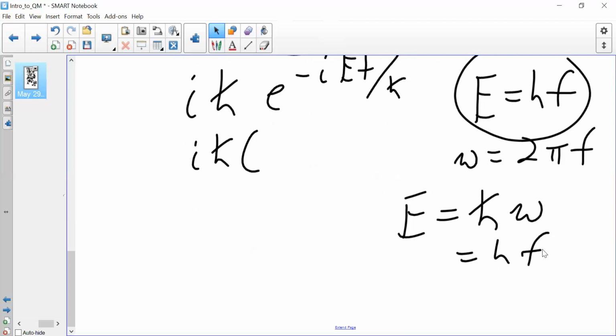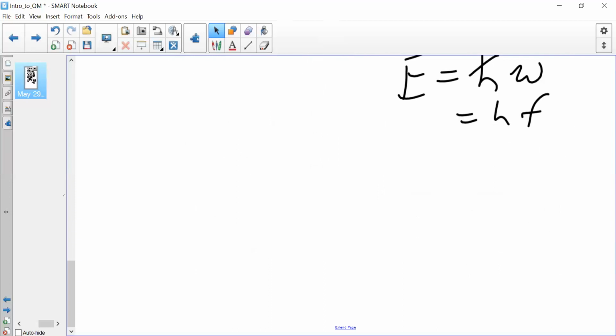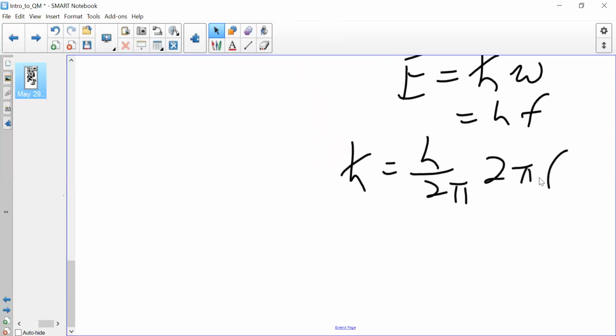And how that works is, if you recall from the last video, but I'll write it up, that ħ is equal to h over 2 pi. And since ħ is h over 2 pi and omega is equal to 2 pi f, we see that E is equal to ħ omega, which is equal to hf. Okay?